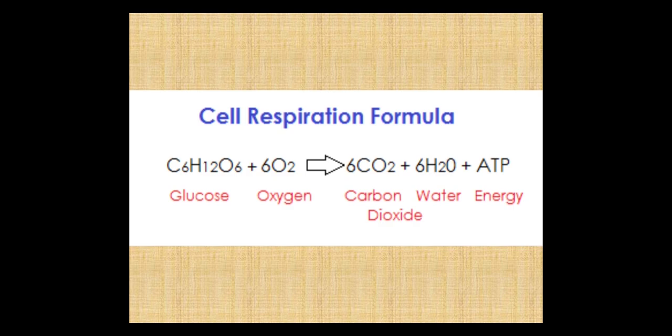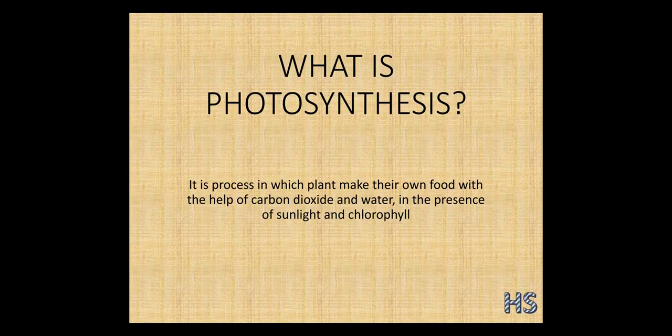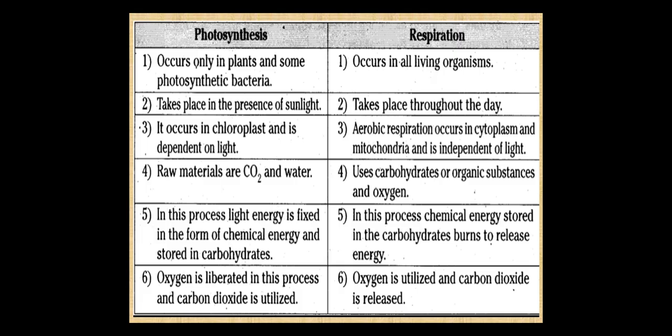So this chemical energy got broken down and released in the form of ATP. In photosynthesis, oxygen is released, which is quite useful. But in respiration, exactly the reverse happens. The oxygen is utilized and the carbon dioxide is released.